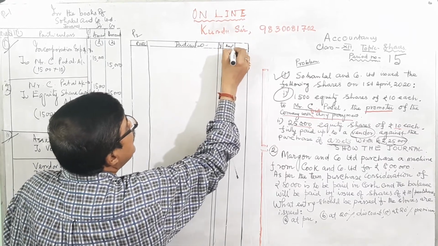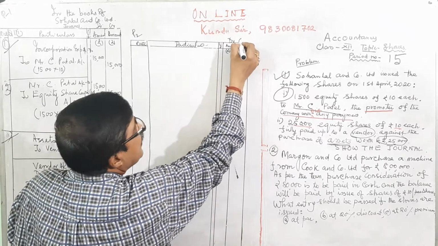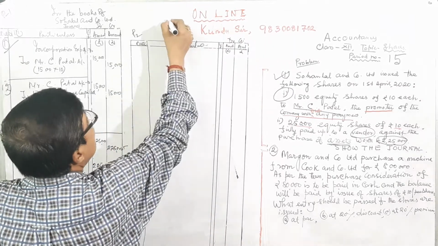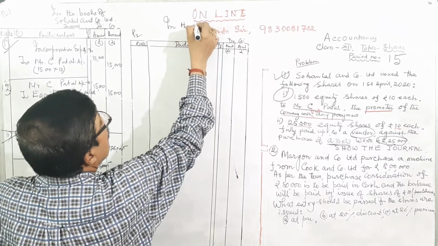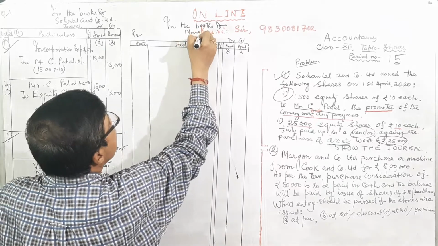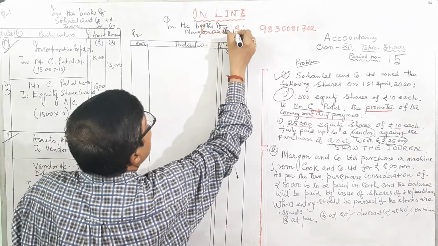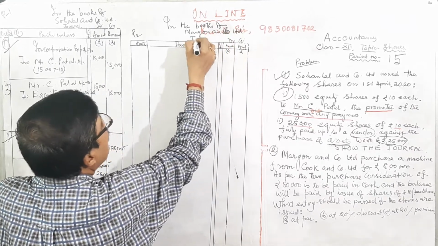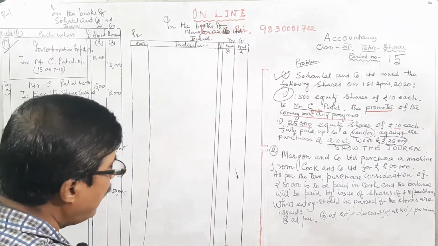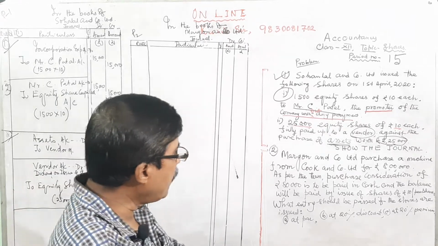It is amount rupees, debit amount rupees, credit, and the name: in the books of Morgan and Company Limited. Now we are doing the journal. First of all, we will go through the problem properly and then we will start. First, what is the problem?